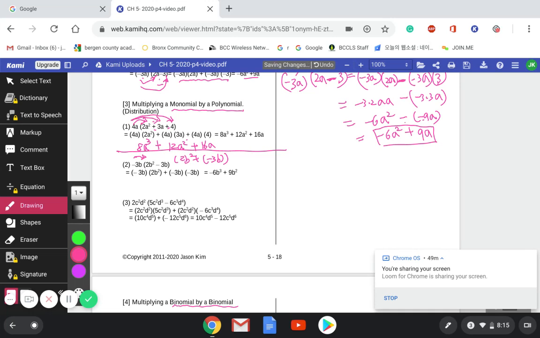So I'm distributing with this plus distributing with that. So you end up with negative 3b times 2a squared plus negative 3b times negative 3b. You end up with negative 6a squared b plus positive 9b squared. That's how you do this.